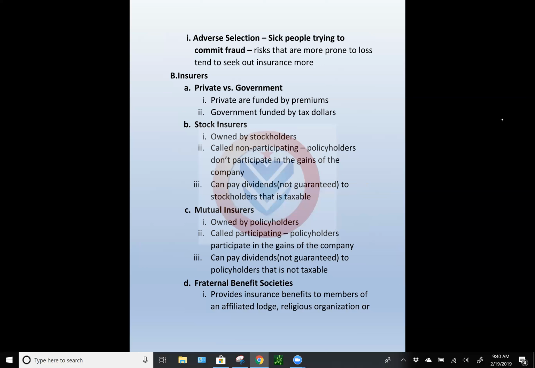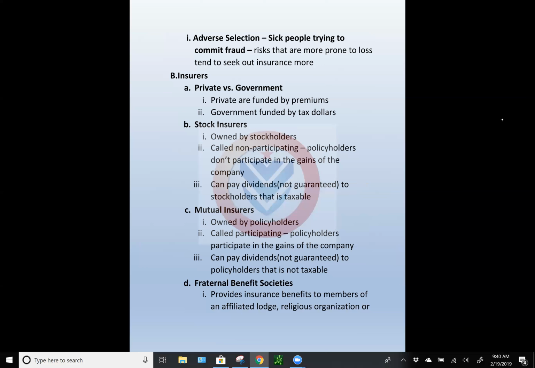Mutual insurers. Now, mutual, like Mutual of Omaha, is owned by its policyholders. Mutual companies are called participating because the policyholders participate in the gains of the company. So let's say you have a policy with Mutual of Omaha and they make a profit one year. They can pay dividends to the policyholders, but once again, remember, the dividend is not guaranteed.